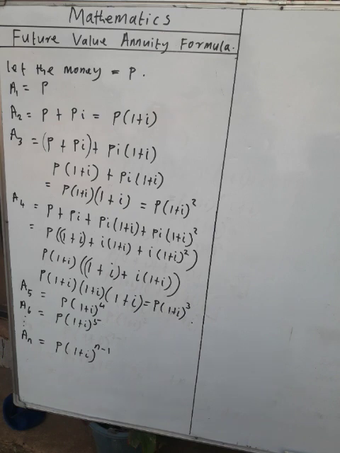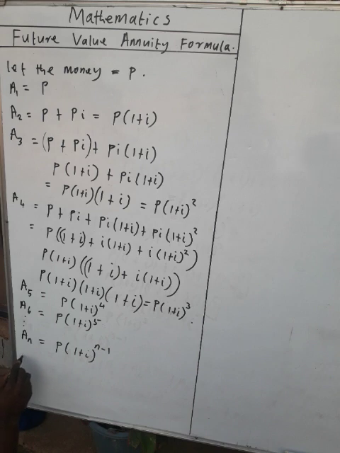So the overall amount you're going to collect at the end of the investment is the sum of these individual amounts. That is called your future value annuity.